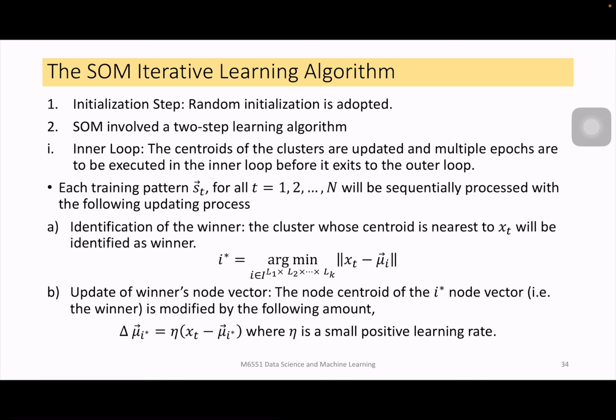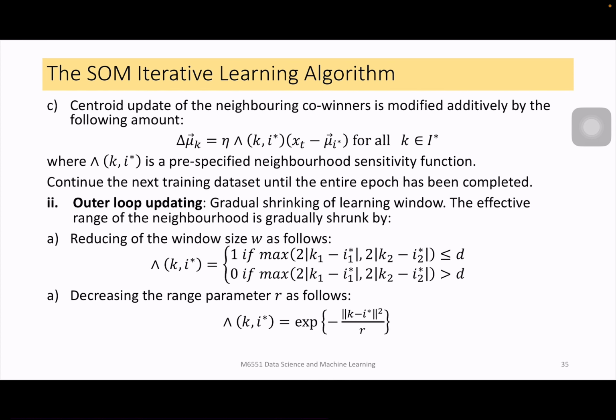Update the winner node, the center of the i node. The winner is modified by the following rule: the change of mu i is equal to eta times (xt minus mu i), where eta is a small positive learning rate.